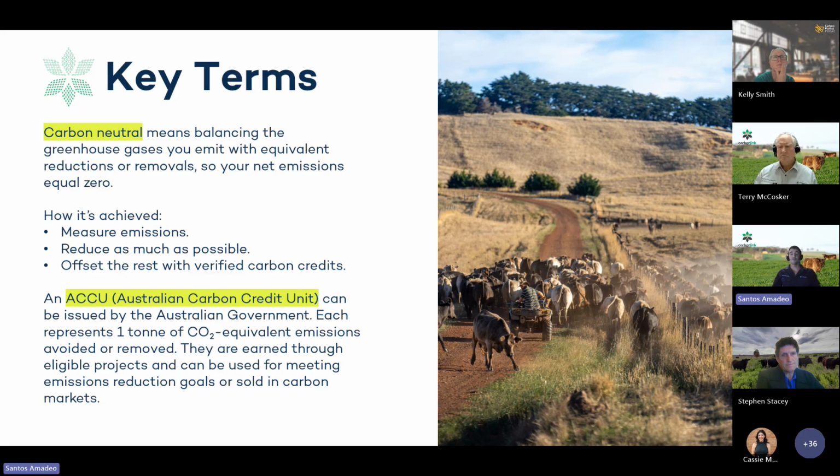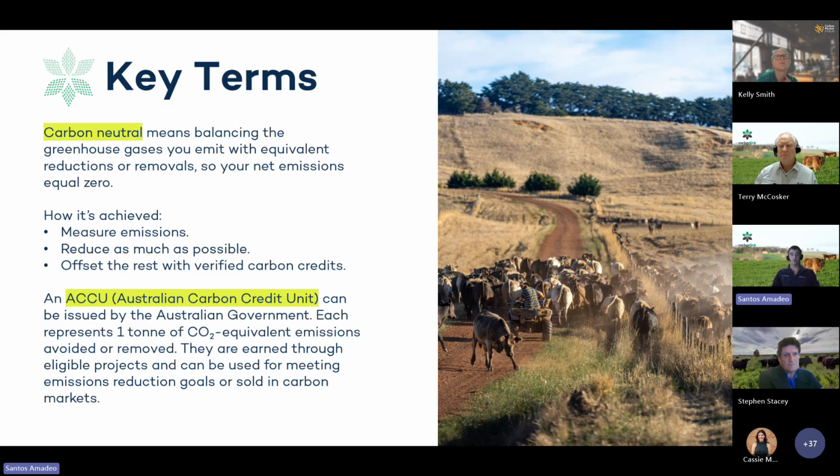One type of verified carbon credit is indeed the Australian Carbon Credit Unit, which are issued and verified by the Clean Energy Regulator under the ACCU scheme here in Australia. There are other examples of verified carbon credits, such as Verra, Gold Standard, and a few others that are more global. Each ACCU and carbon credit represents 1 ton of CO2 equivalent of emissions avoided or removed through eligible projects.